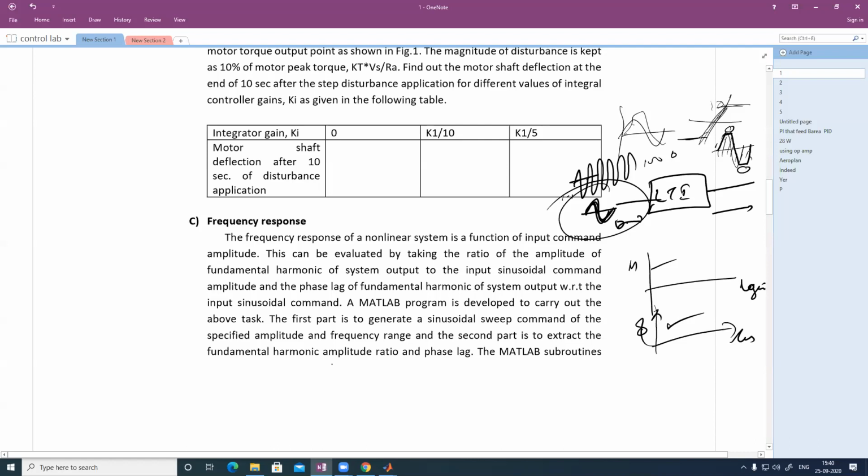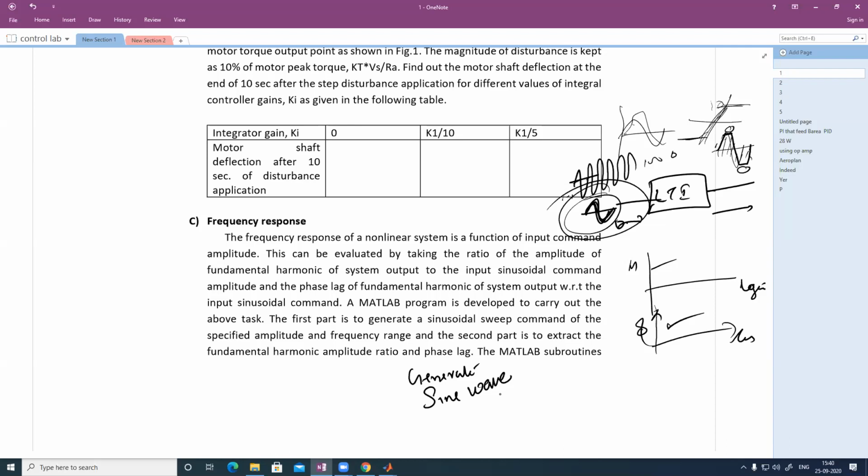So first, for supplying the sine wave, you have to generate a sine wave. Sir, but we are having the cuttings now at the extreme points. Then how are we going to generate the Bode now? Yeah, that is what I am telling. The linear system Bode and non-linear system Bode are different.